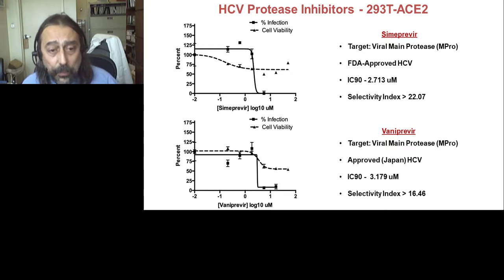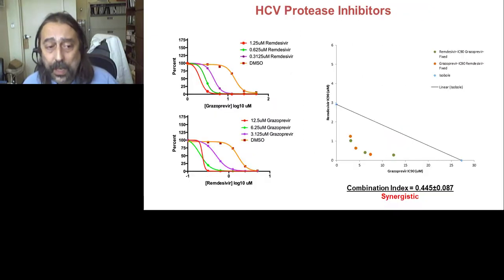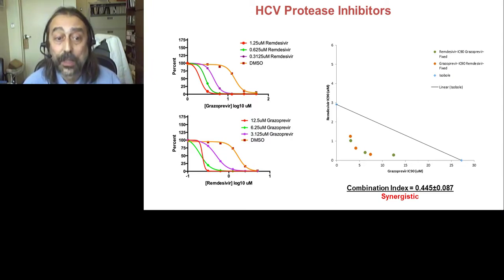And interestingly, even though these are inhibitory only at micromolar concentrations, if you use them in combination with remdesivir, you can use a smaller amount of these in order to inhibit efficiently. So that means that these protease inhibitors, in this case grazoprevir, are synergizing with remdesivir in terms of inhibition of viral replication.